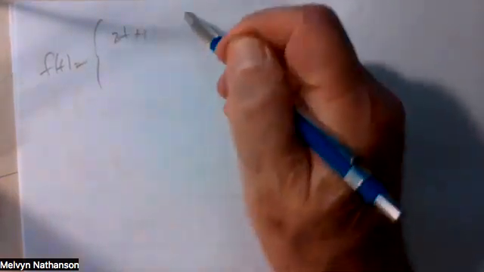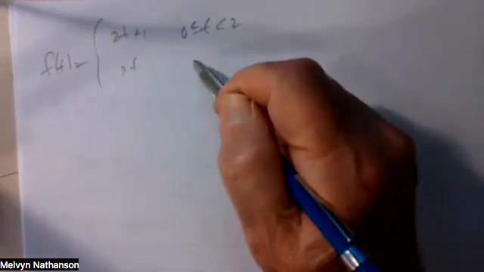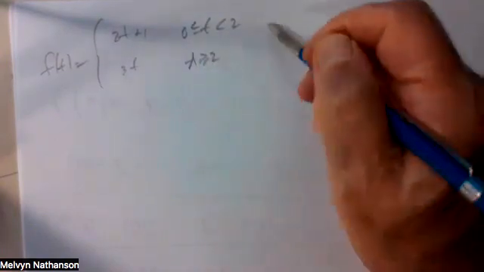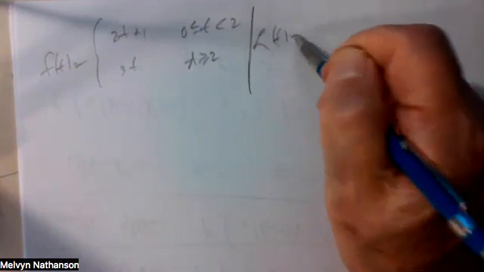We had the function defined as follows. f of t was equal to 2t plus 1 for t less than 2, and 3t for t greater than or equal to 2. And we calculated the Laplace transform of f.